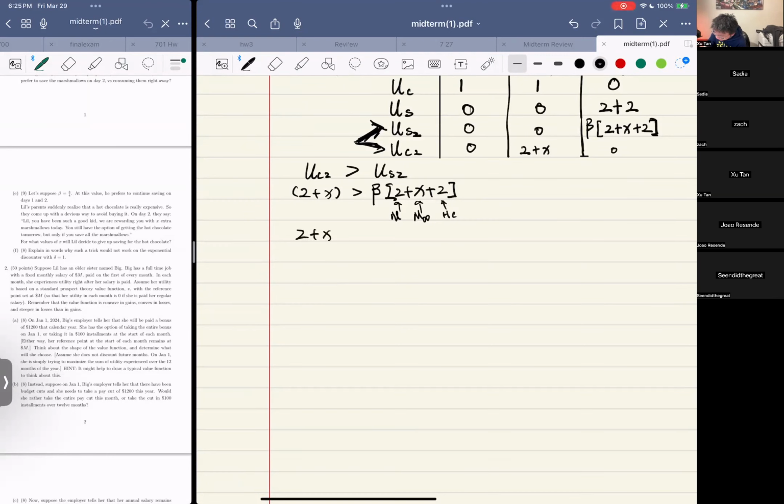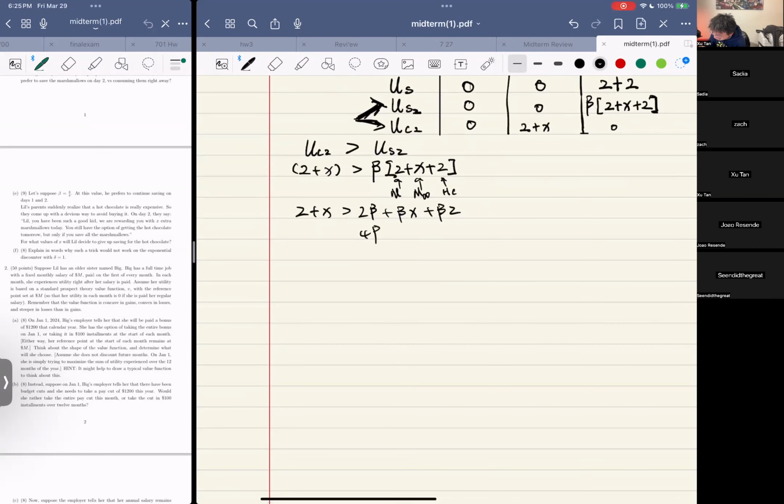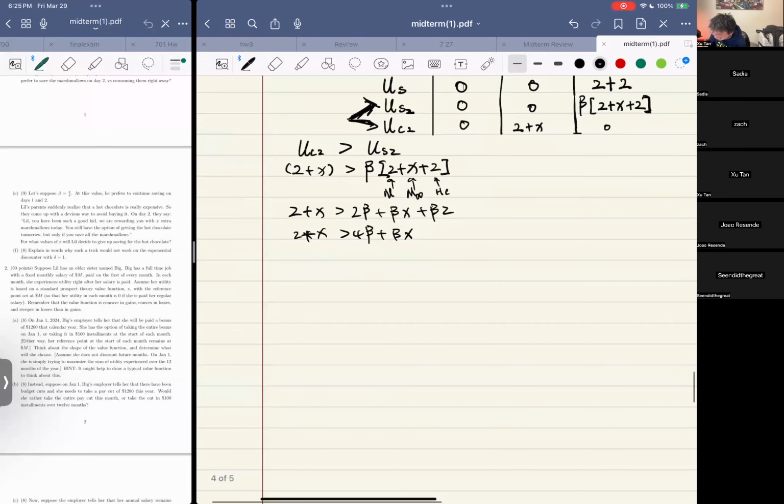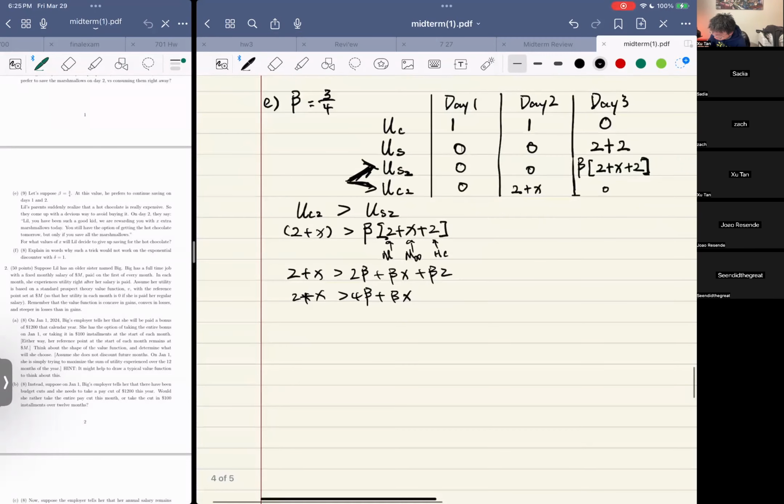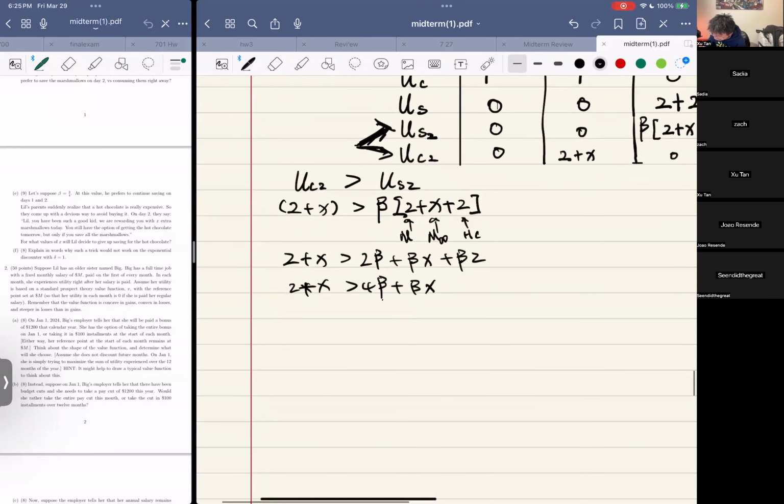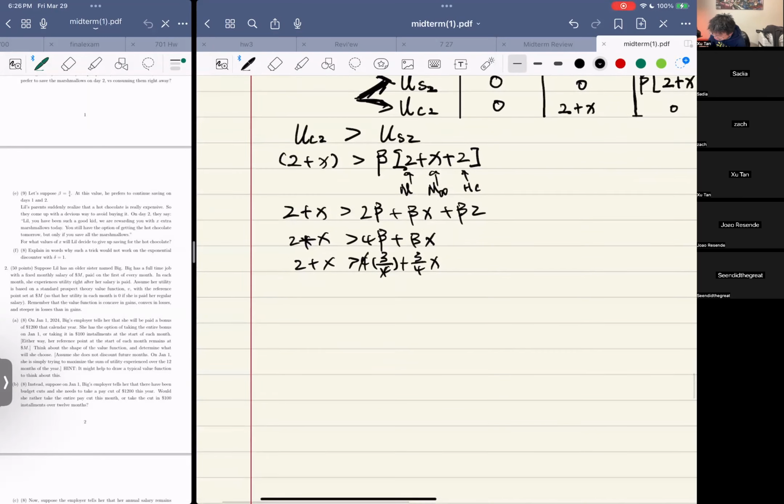So 2 plus X greater than 2 beta plus beta X plus beta 2, which is 4 beta plus beta X greater than 2 plus X. And plug in the beta, which is 3/4. So 3/4 of 4 plus 3/4 of X greater than 2 plus X. Cancel out.